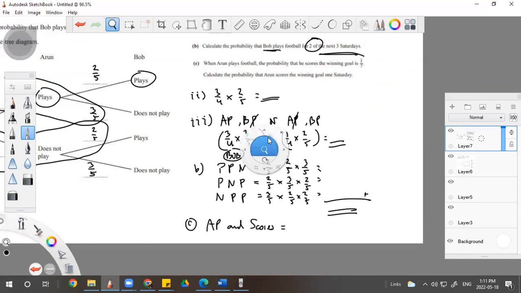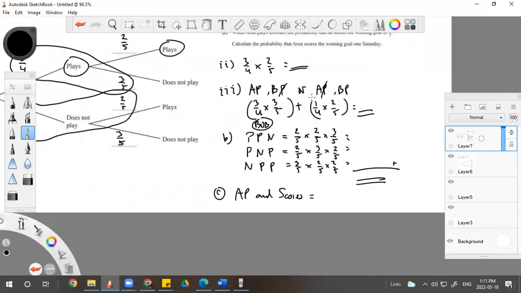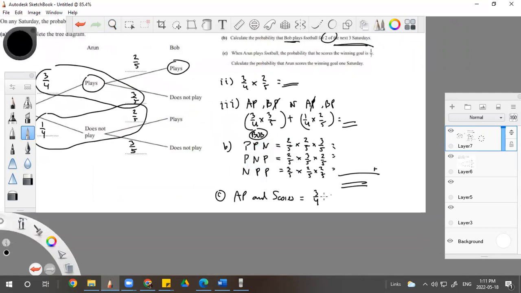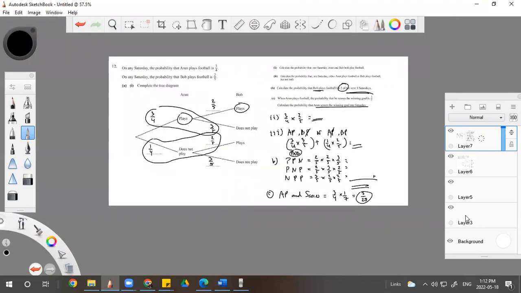Aaron play 3/4. Habis main belum tentu pasti winning goal, tapi score winning goal 1/7. So this is a different probability. He's supposed to play first then score a winning goal: 3/28. Kecil sih, tapi ya udahlah, oke, dapat.